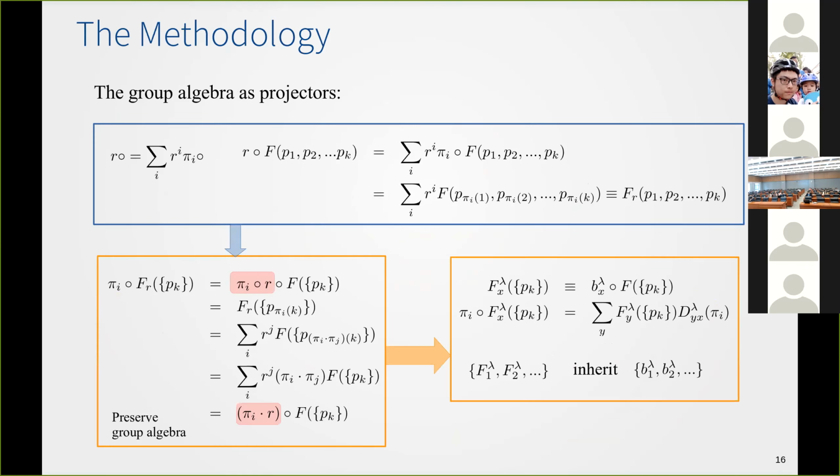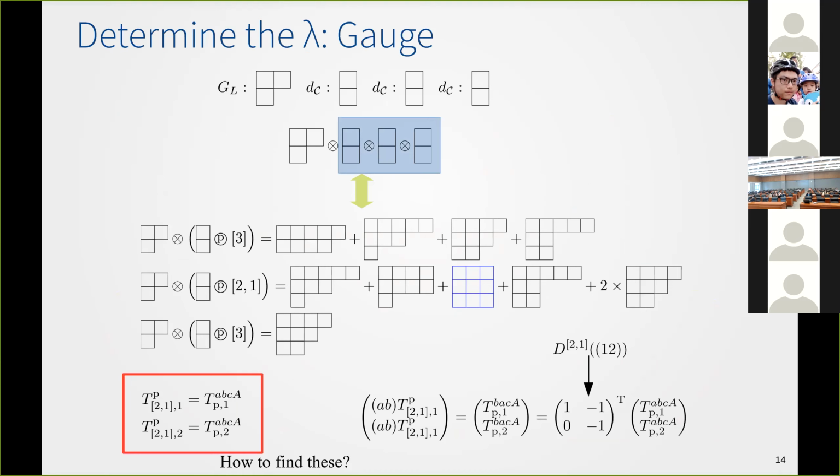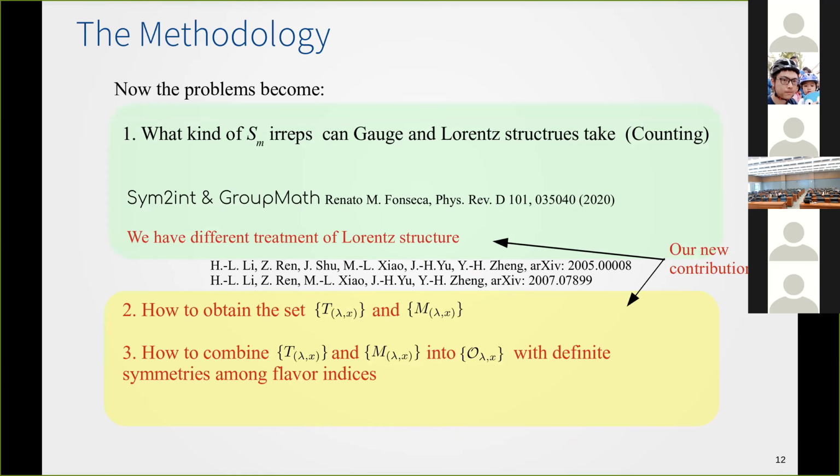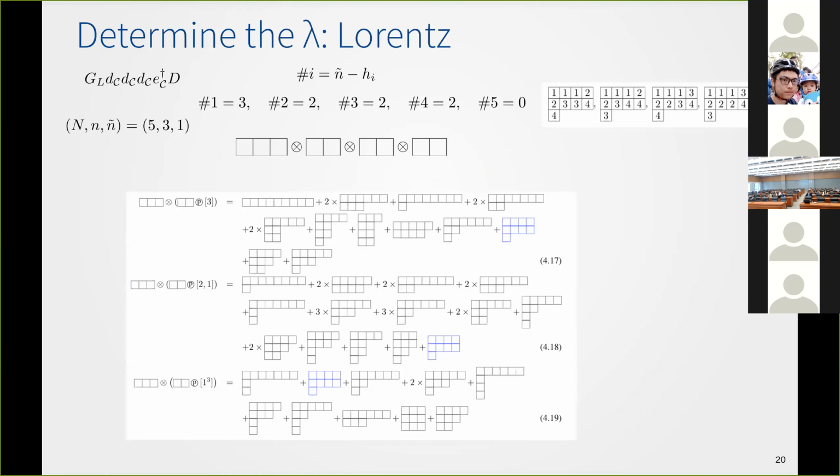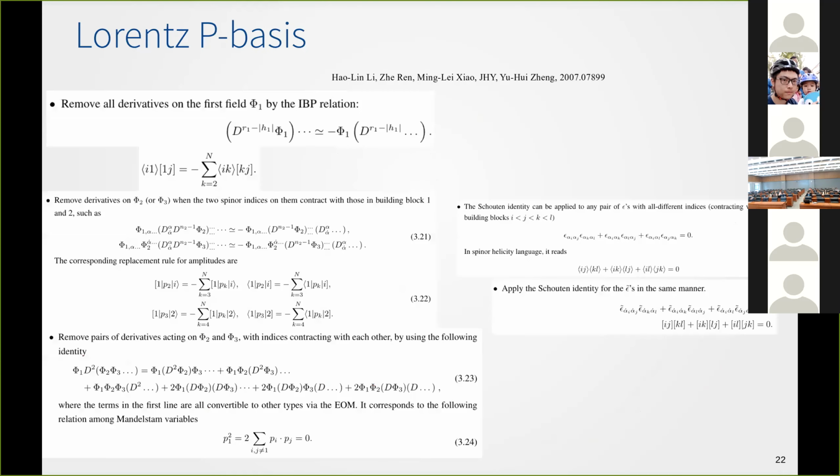But for the Lorentz part, we don't do anything numerically. We reduce the permuted Lorentz structure systematically towards the Y basis using those relations.